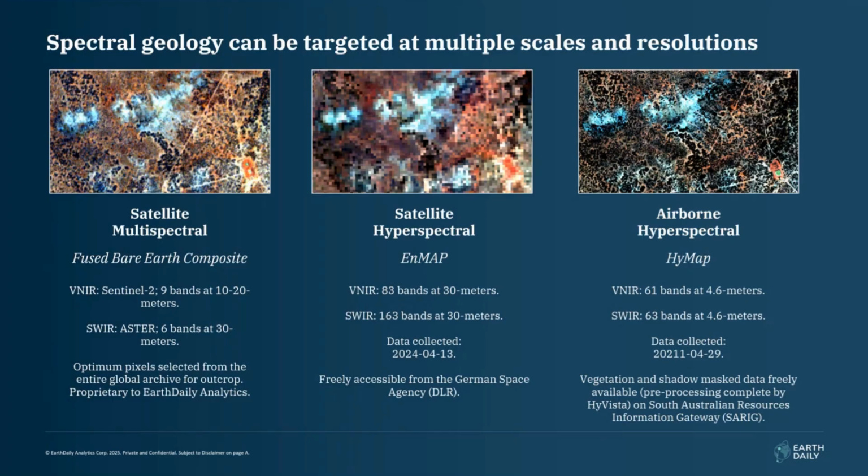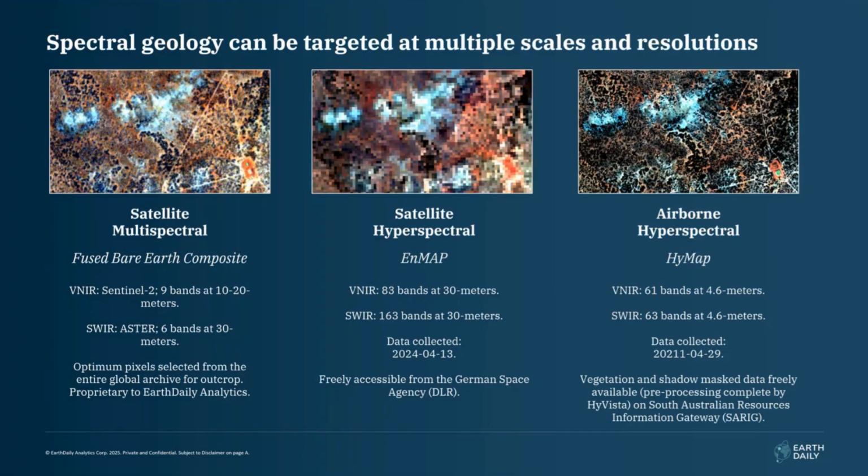I also downloaded some of the HiMAP airborne hyperspectral data from SARIG, South Australia's resource gateway. There has been some vegetation masking applied. We'll come back to that as a limitation later on, but it's important to understand any pre-processing that's been applied to a data set like that before you analyze it, because it could mean you'll have some limitations.